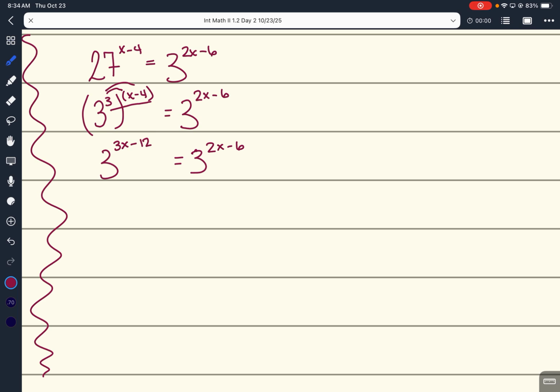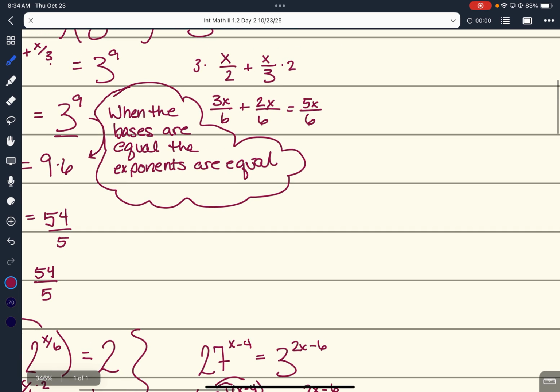Okay, so do I have the same bases? Yep. Am I down to one base and one exponent on both sides? Yes. So now the bases are equal. What's equal? The bases are equal, and if the bases are equal, the what?